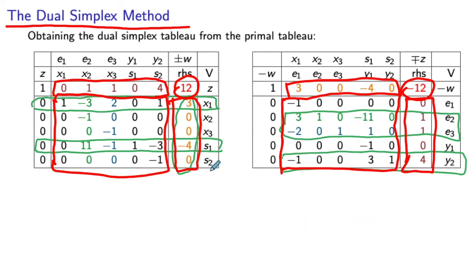In this situation, it may make sense to switch to the dual problem, because usually, if I change the right hand side of the constraint, the optimality condition will not be violated, only the feasibility condition will be violated. But this means that if I switch to the dual, I will have a feasible but not optimal tableau, right? So then by applying the simplex steps to the dual problem, we can solve both dual and primal.